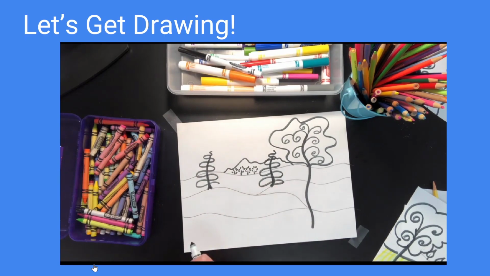Once you have a few trees on your paper, you can think about some of the other details that you might want to add, especially in the foreground. I've had some friends who have done other really cool plants that they've invented. What could they look like? Remember, these are doodle landscapes. They don't have to be real life plants.